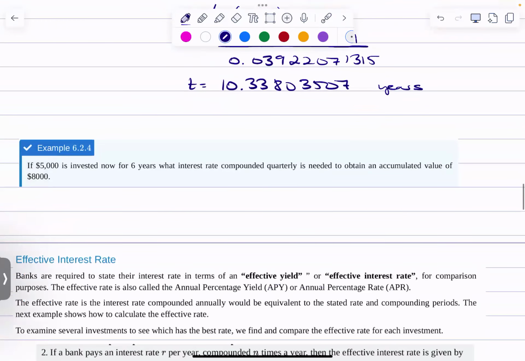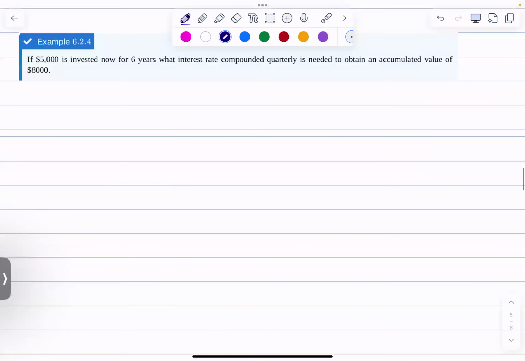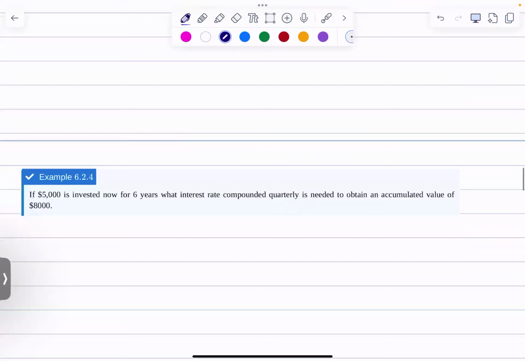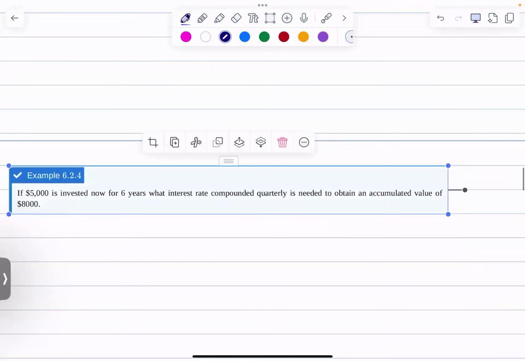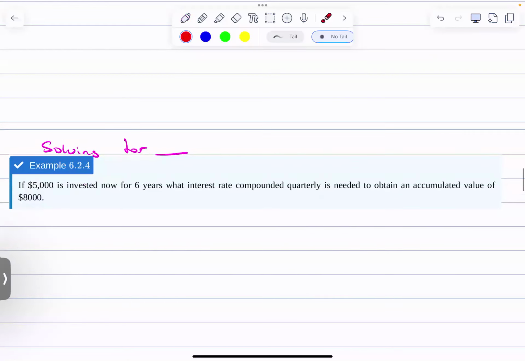Okay. I'll add a page here. I think it needs its own page. I think the last one is going to be, we've solved for A, we've solved for P, we've solved for T. Of course.